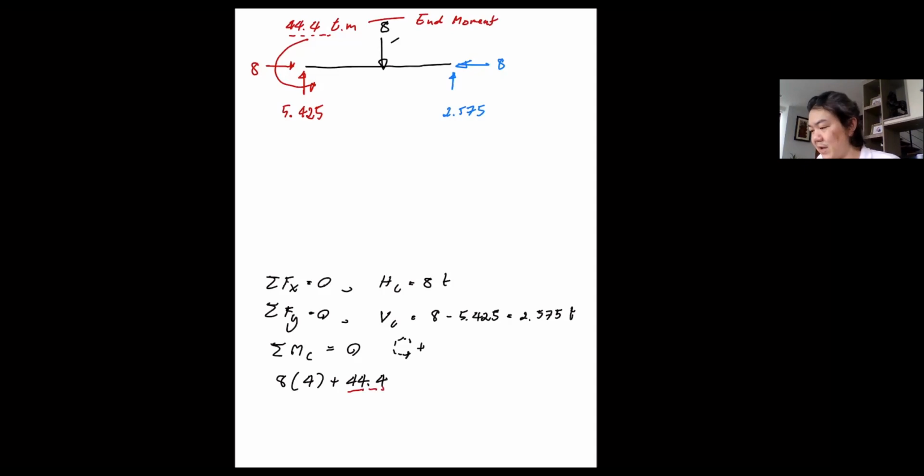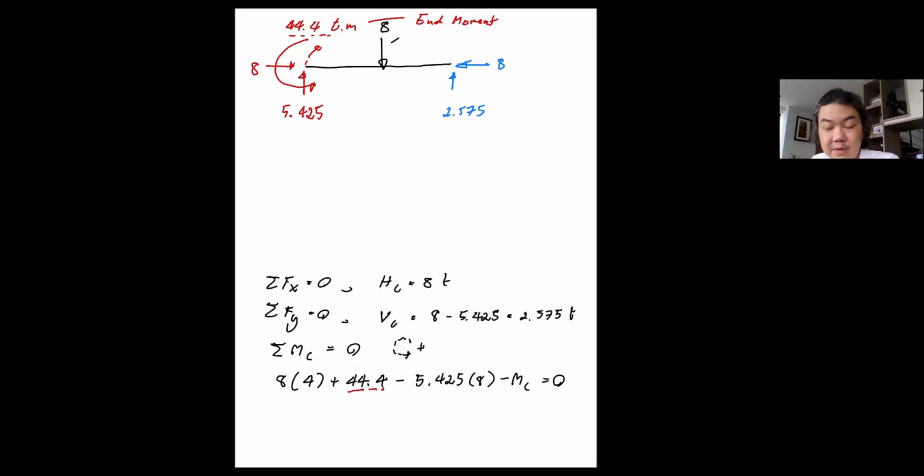And then you have to count for this shear, but it's going in the clockwise direction, this shear. Like that, right? So it is minus 5.425 multiplied by 8. Then let's say my MC is in this direction, so minus MC equal to 0.